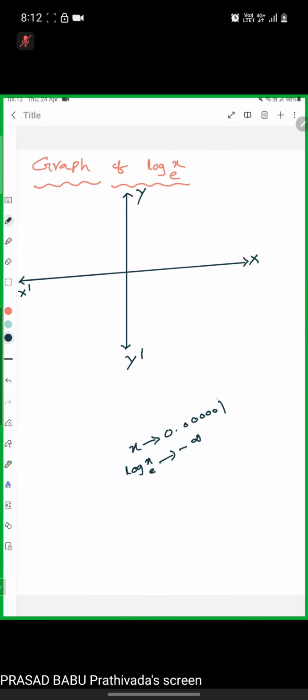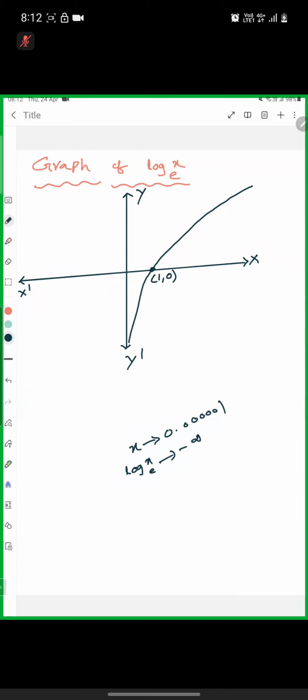And as x tends to infinity, log x also tends to infinity because it is an increasing function. x value increases, log x values also increase. So it starts here, very close to the y-axis, doesn't meet the y-axis, and is increasing in this way. And at x equal to 1, its corresponding logarithmic value is 0. That's it meets the x-axis at x equal to 1. So this is the graph of log x to the base e.